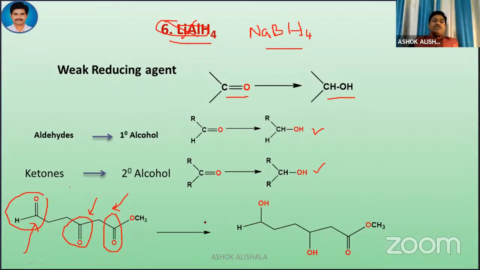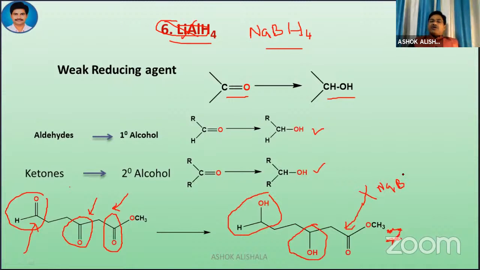This is less reactive. That's why, whenever it is treated with sodium borohydride, the aldehyde functional group converts into the alcohol, even the ketone functional group converts into the alcohol, but the ester carbonyl carbon is not reduced by sodium borohydride. You have to remember this.